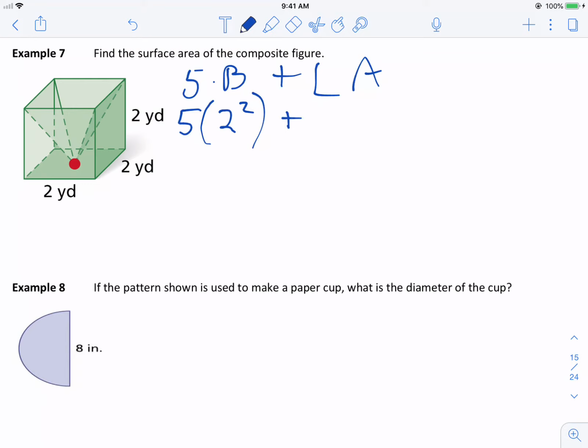For the lateral area of this pyramid, we know that lateral area is 1/2 the perimeter of the base times the slant height. So perimeter of the base, we know that that is 4 times 2, or 8. Now the slant height, that's probably the trickiest thing to find in this problem.